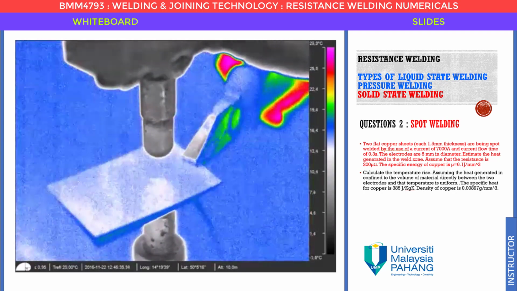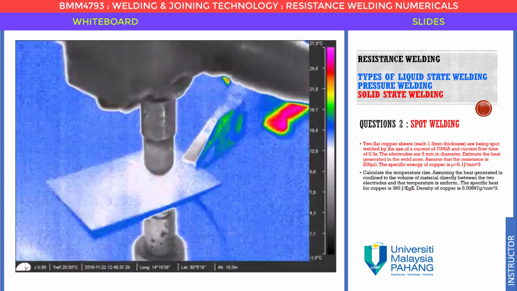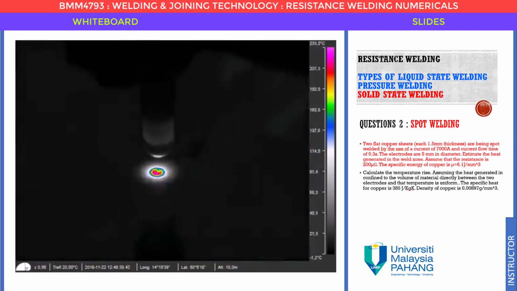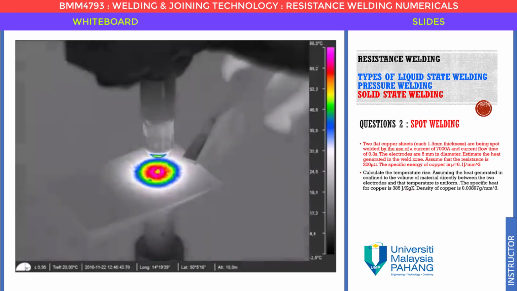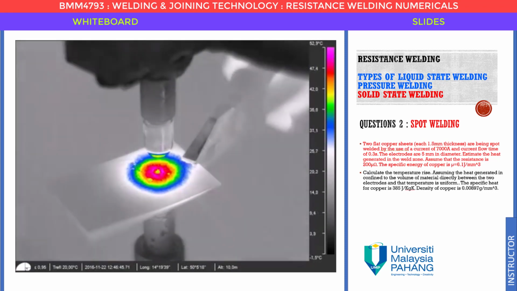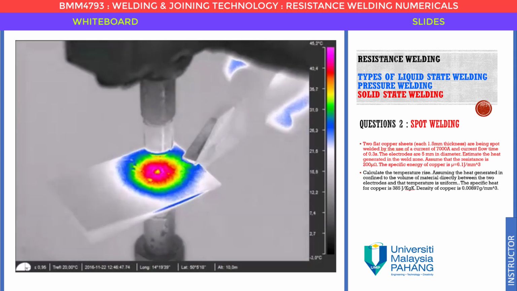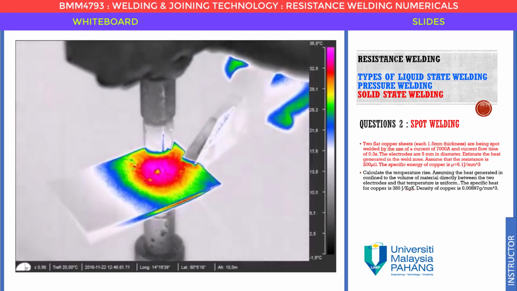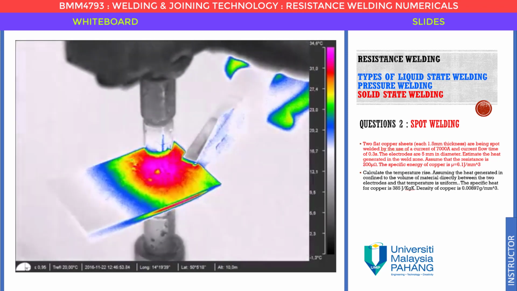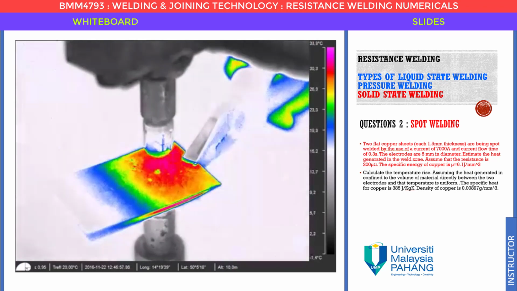Here you can see that as the temperature increases, the amount of heat distribution increases, but only in this pinkish zone is the melting occurring. The rest of the heat is conducted and distributed. So we are putting a lot of excessive heat, and that excessive heat is lost during the welding process.